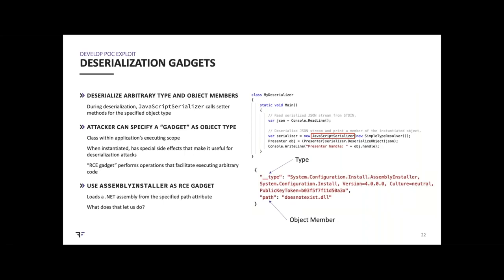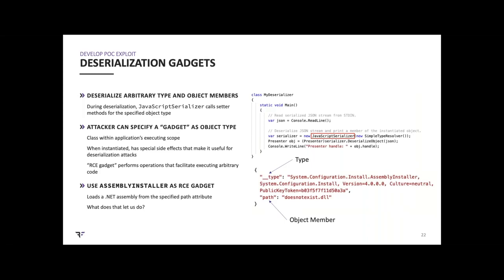That is, it's a class within the application's executing scope that when it's deserialized and instantiated, it has some special side effects that make it useful for an attacker. And in particular, assembly installer is what we'll call an RCE gadget because it performs some operations when setting its path member that facilitate executing arbitrary code.